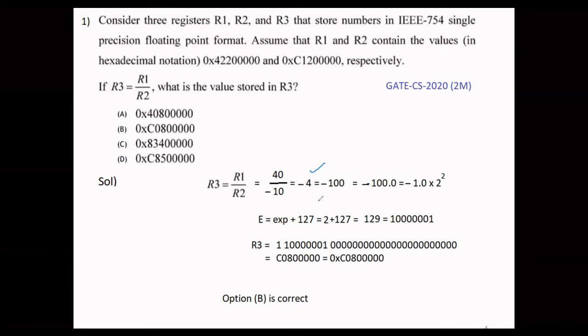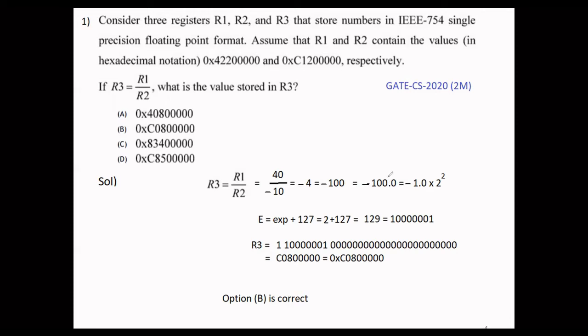Because we want to convert it into a 32-bit floating point number, first convert it into binary. That is minus 100. The binary point is at the rightmost position, with 0 after it, which has no value here. So I can write minus 100 equals minus 100.0. Now get the normalized equivalent.